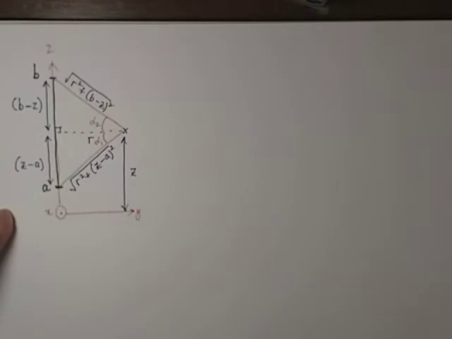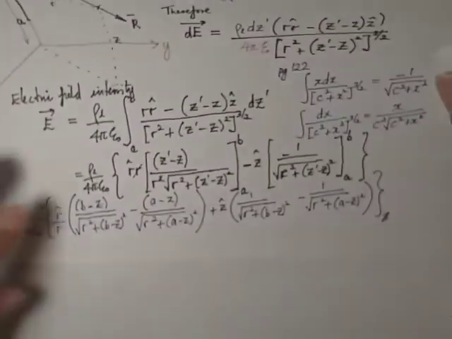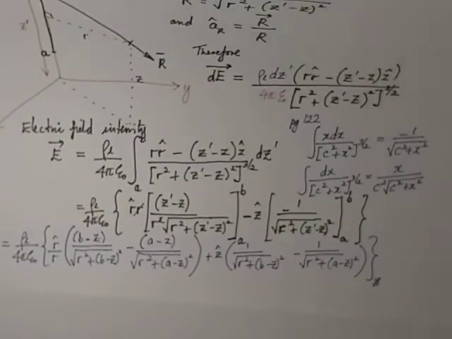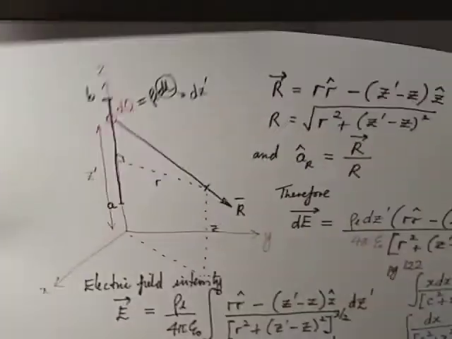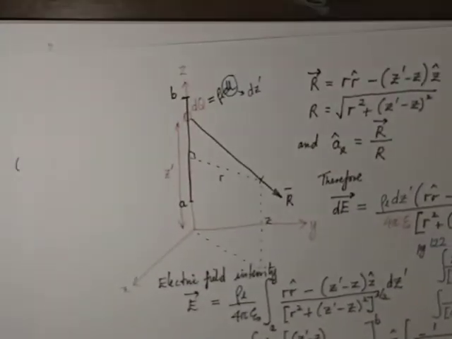What I'm going to do next is link this diagram to our solutions. We're going to link the diagram to the solutions. So first I'm going to look at the first term now.